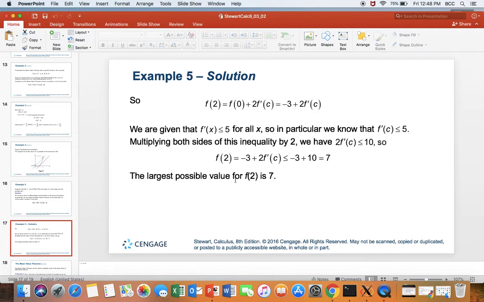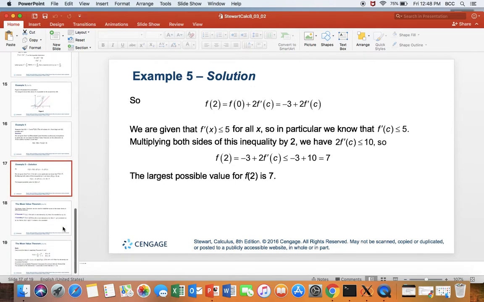Now we know that f'(c) is less than or equal to 5. So multiplying by 2 gets you 2 f'(c) less than or equal to 10. So this entire quantity is less than or equal to negative 3 plus 10, that is 7. In other words, f(2), the height at 2, has to be less than or equal to 7. The largest possible value for f(2) is 7.